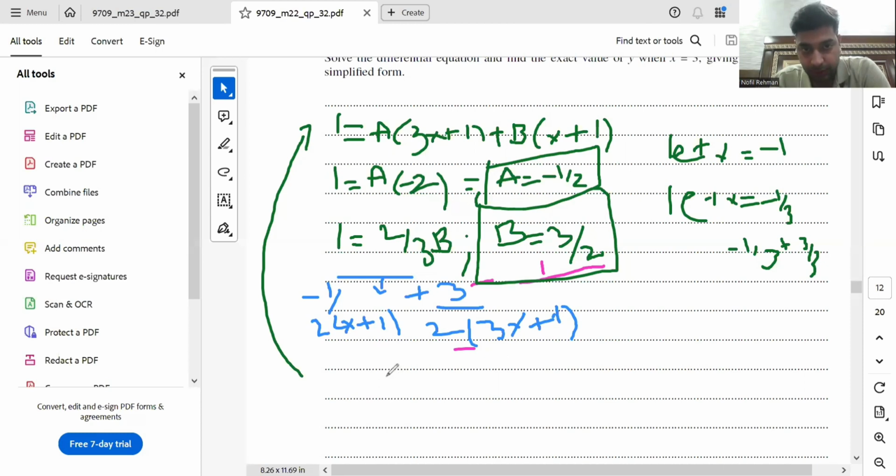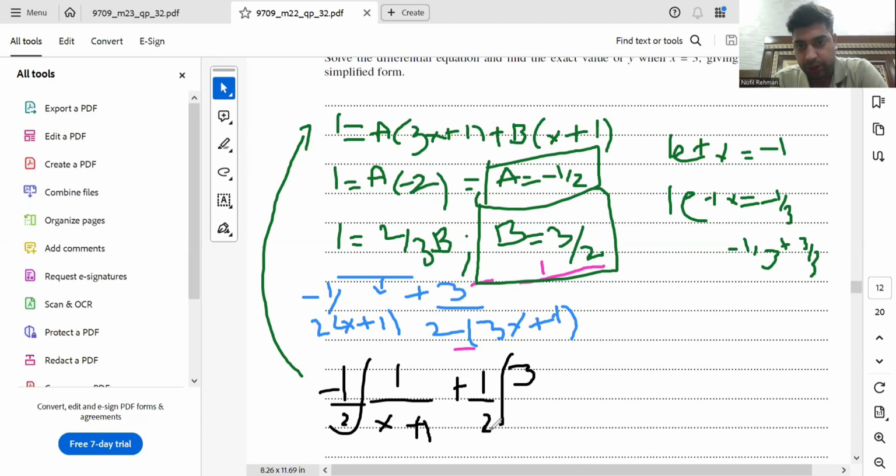Using the same rule, we have minus 1 over 2 times 1 divided by x plus 1. The derivative of x plus 1 is also equal to 1, so we can use the ln form for this one. The derivative of 3x plus 1 is equal to 3. We have 3 already in the numerator, so we can use the ln rule for this one as well.